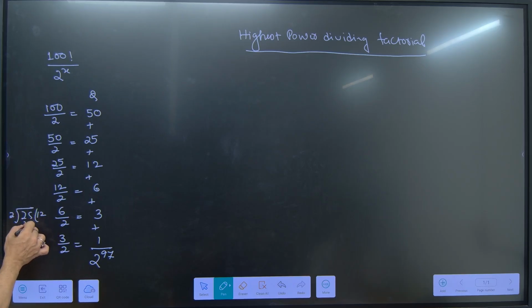2 12s are 24. Remember, I told you not the decimal, only take the integral part.